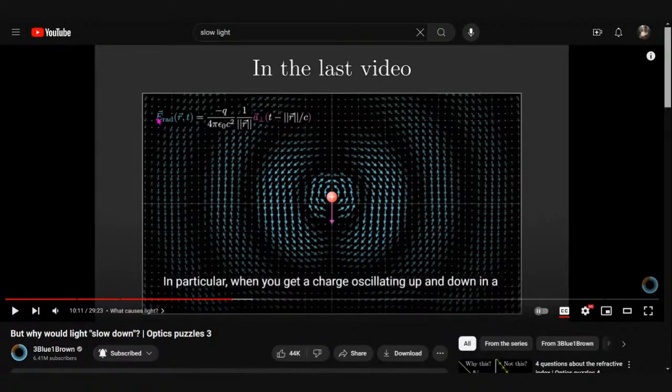But it says here, this is the electric field. But that's not the direction of the electric field. The electric field is actually not in the direction. That's what they always show. When it's wiggling up and down, the waves created move up and down, and that's what we're seeing here.